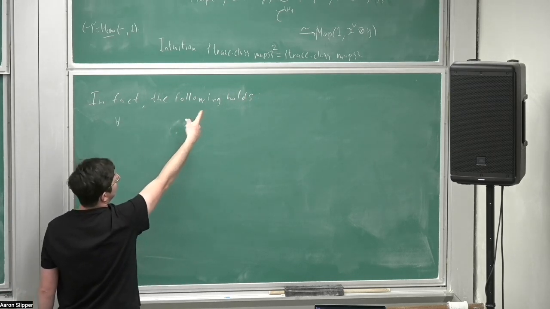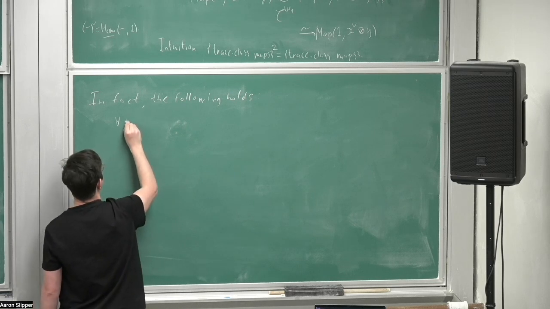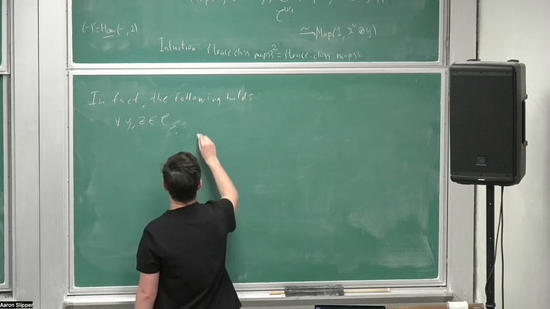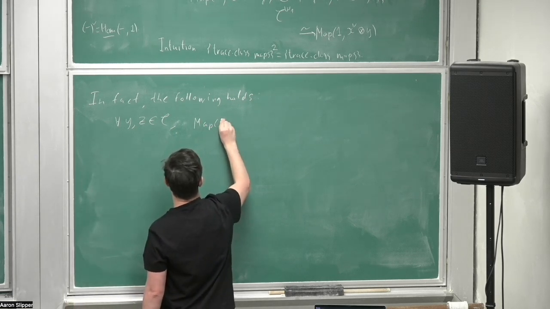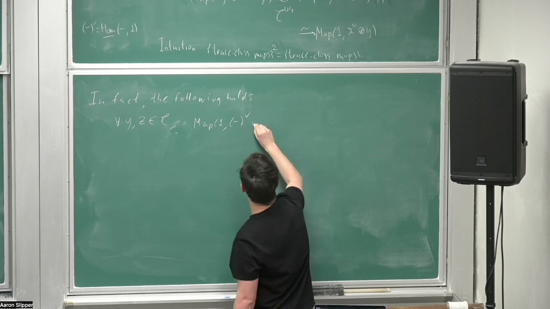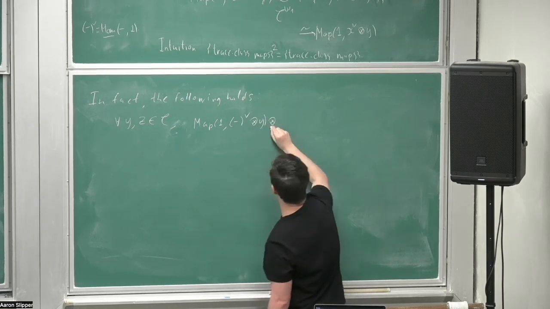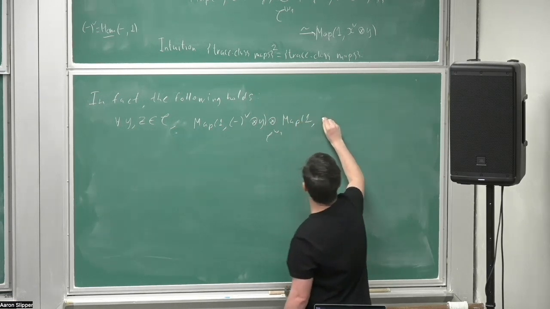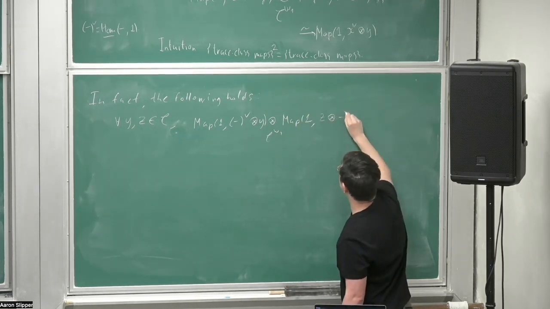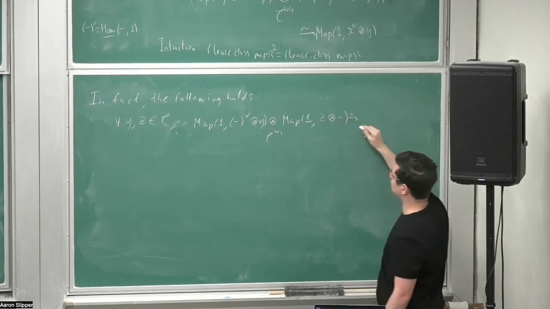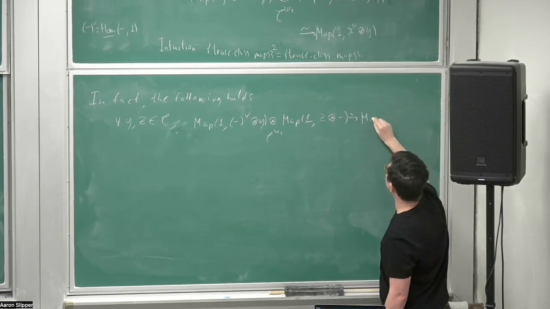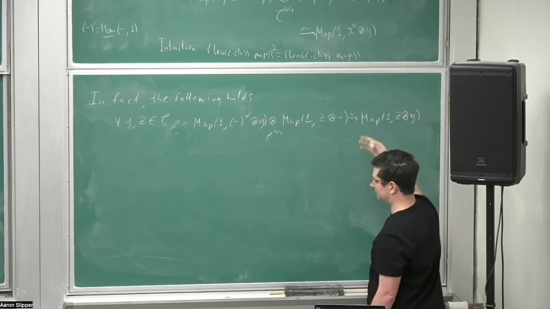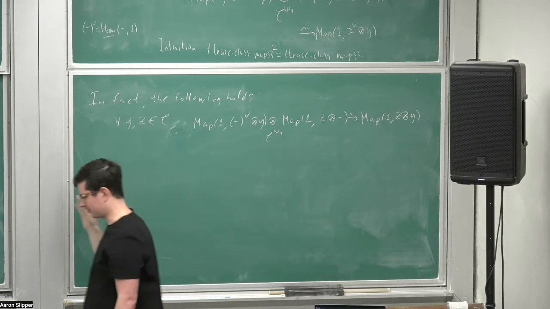I'm just replacing the X dual by some object Z. So for any Y and Z in C, the map from the unit to something dual tensor Y, then for the map from the unit to Z tensor something is isomorphic to the map from the unit to Z tensor Y. So this is a very strong statement, but in fact this holds.